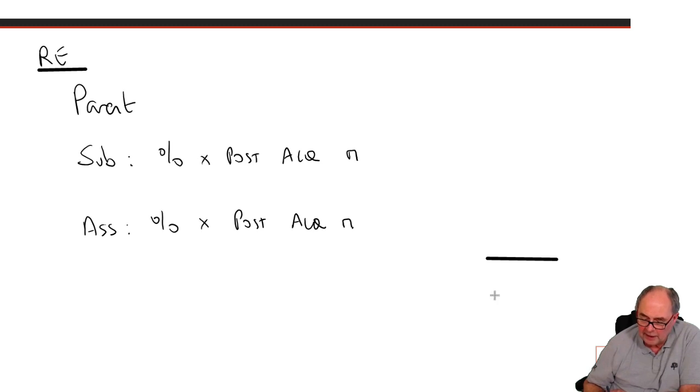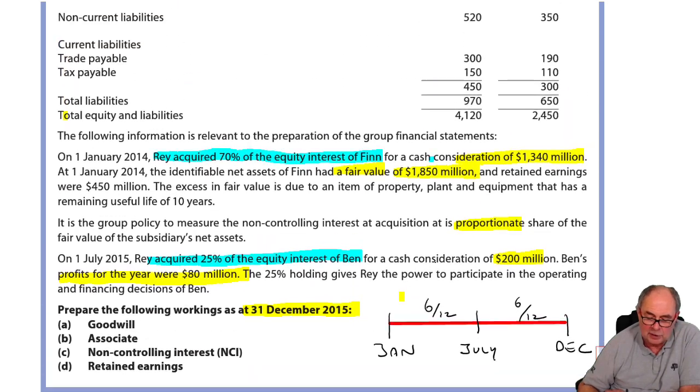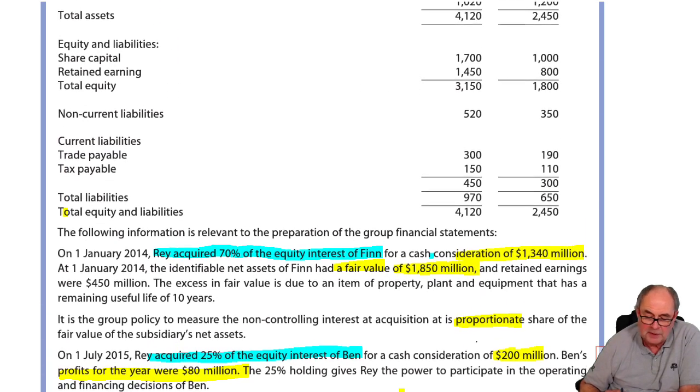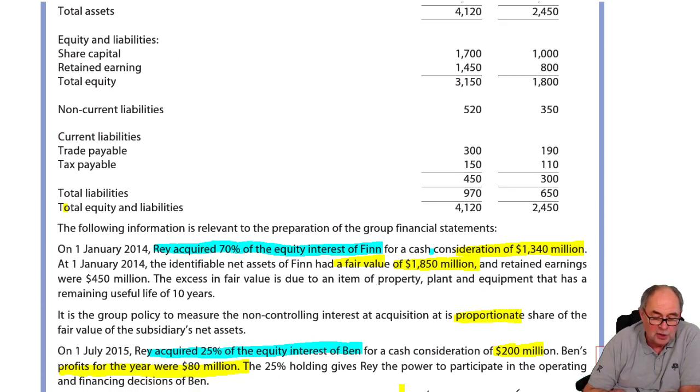Start with what we know. Do we know the parent's cumulative retained earnings? We do. We can see them in the parent's balance sheet. So the parent has got cumulative retained earnings of 1450.